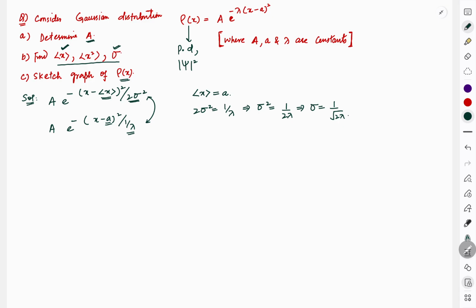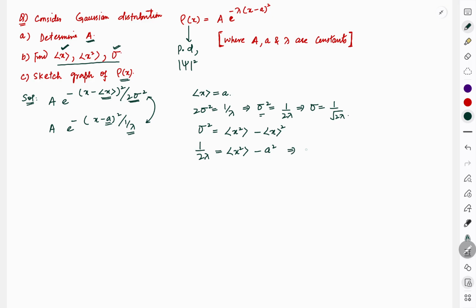Now we can use the basic definition of variance, that is variance is equal to the expectation value of x square minus the expectation value of x whole square. So sigma square we already know, 1 over 2 lambda, equals the expectation value of x square, which we have to find, minus the expectation value of x, which we already calculated as a square.